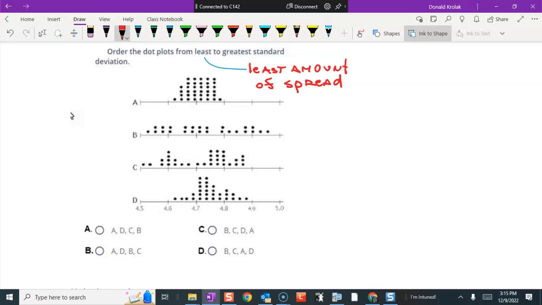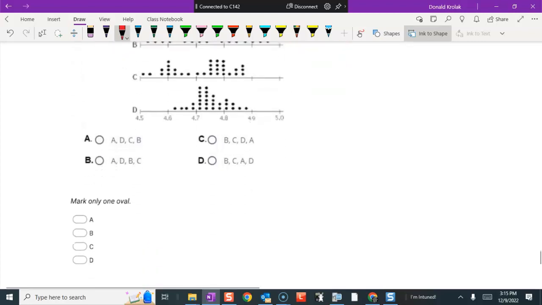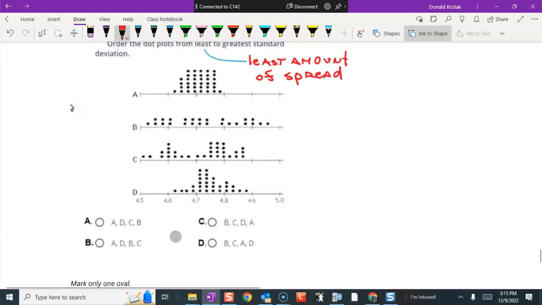So the one that is bunched up the most, which I think would probably be choice A, and then probably D. So I know it's going to start with A. Then D is next.